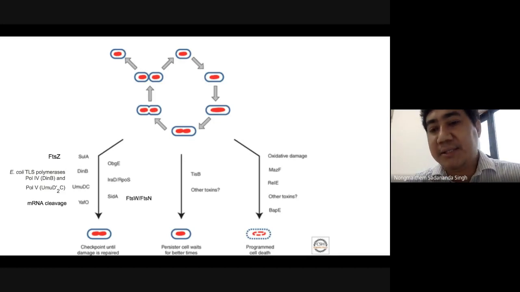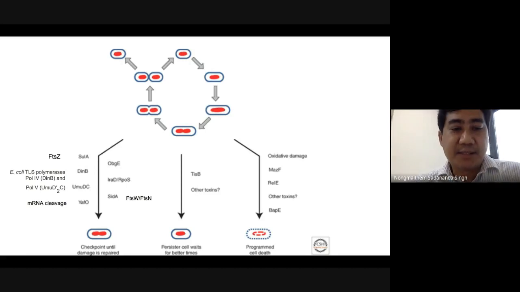Another way is to help the bacteria enter into programmed cell death, just like what has been seen in higher eukaryotes. Bacteria can also enter into programmed cell death if the earlier two options cannot be performed.